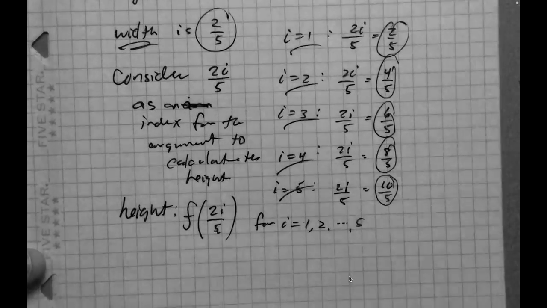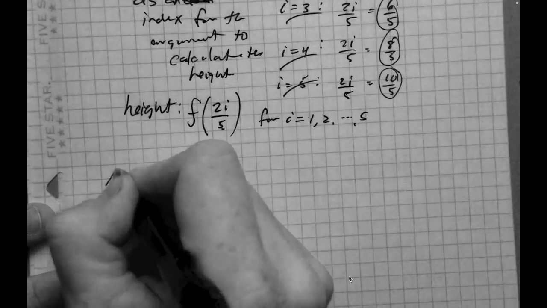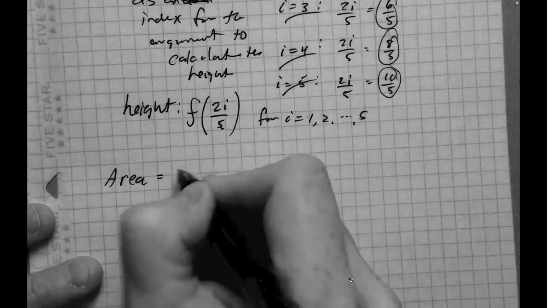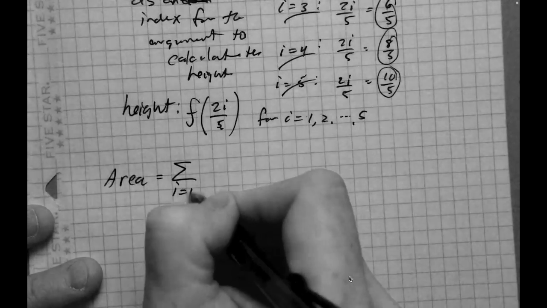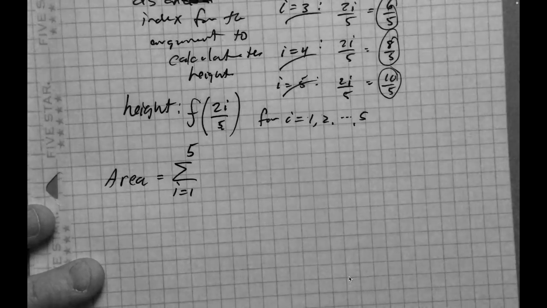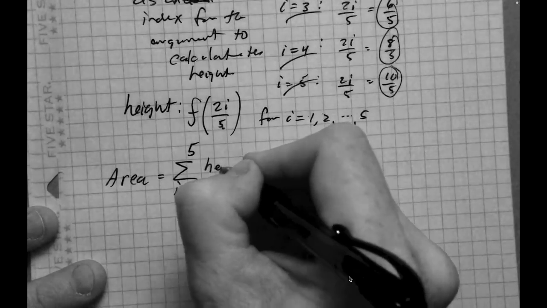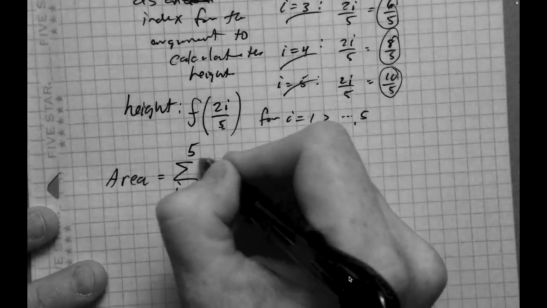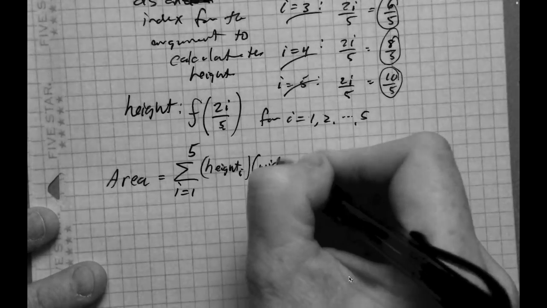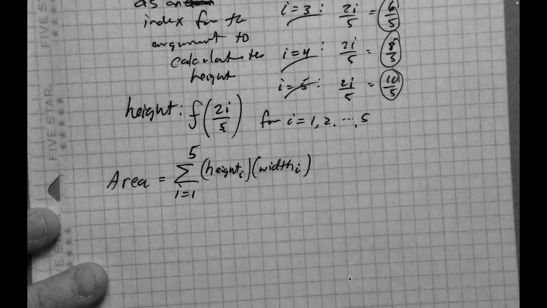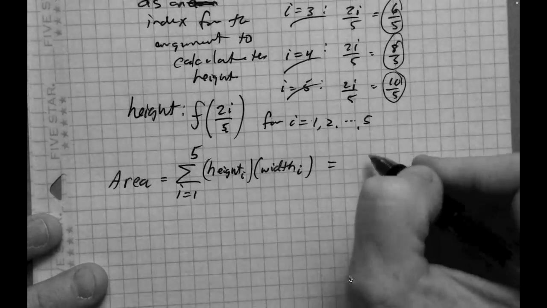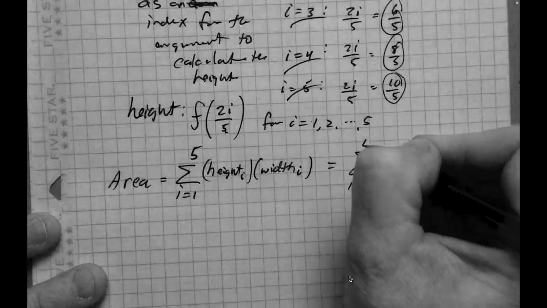So can we calculate this area? Indeed, we can. The area is going to be the sum from i equals 1 up to 5 of the height times the width. I'll just write that first: height at i times the width at i, for i equals 1 up to 5.